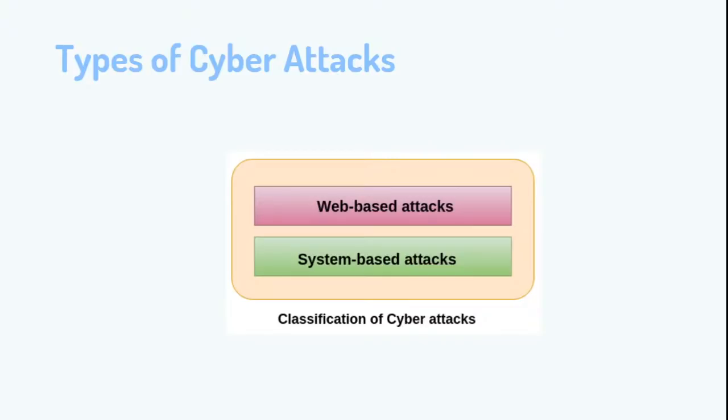They run a fake website, some people pay the amount, and then they do not get their mobile phone, because it's an unauthorized website. Like this, the web-based attack happens.